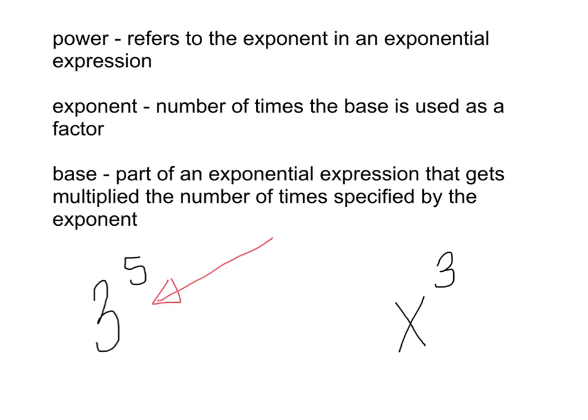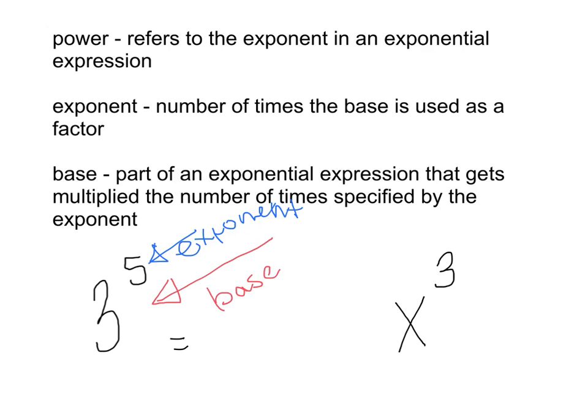So that 3 is called the base, and the 5 is the exponent. And that 5 tells us that we're going to multiply that 3 times itself 5 times.